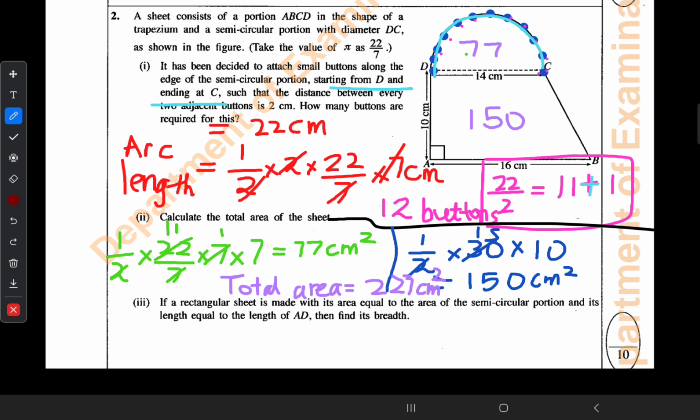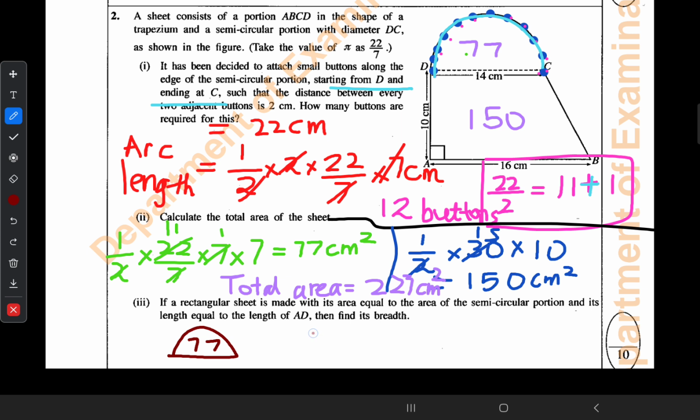Okay, now they are talking about the semicircular portion. We have our semicircular area, that is 77.